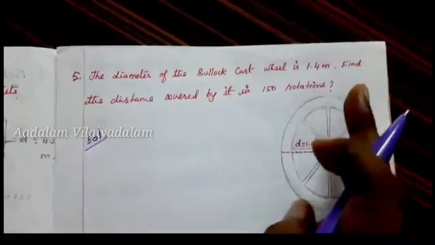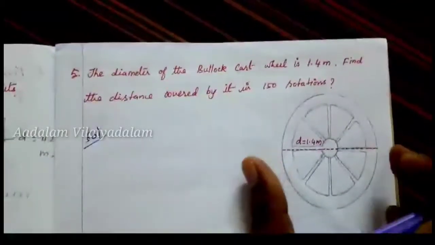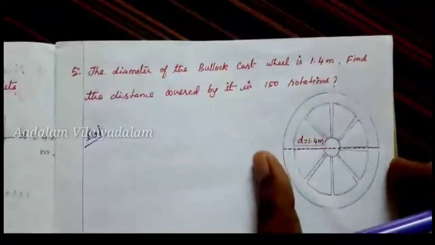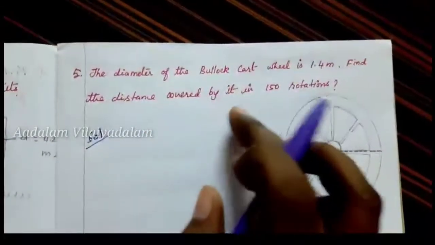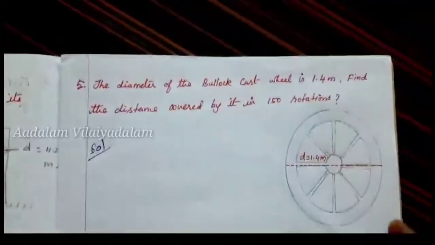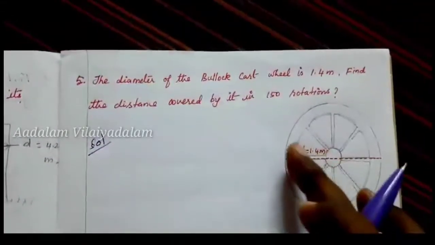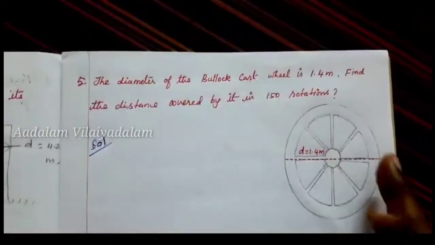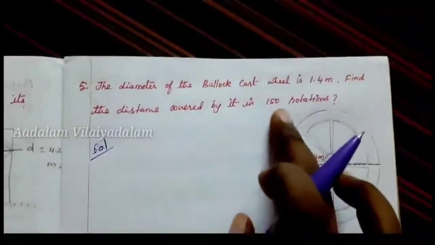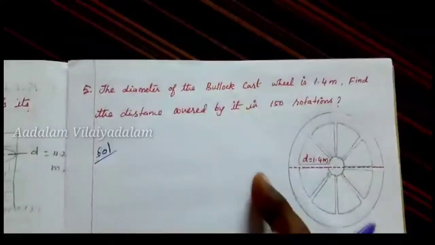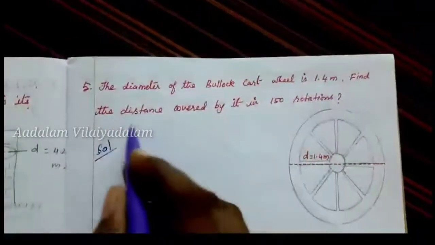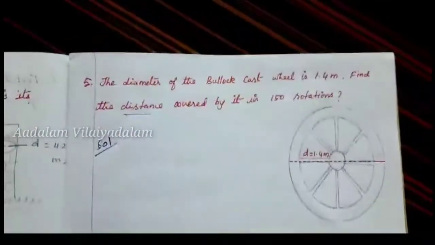They have given the diameter of the wheel and they are asking us to find the distance covered by it in 150 rotations, which means the wheel rotates 150 times. So when it moves 150 times, we need to find the distance covered by the wheel.